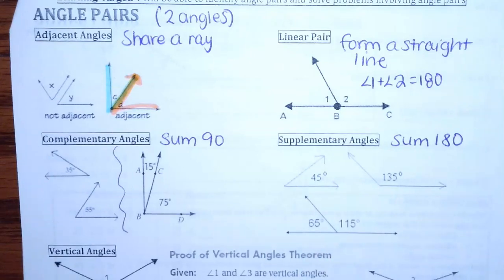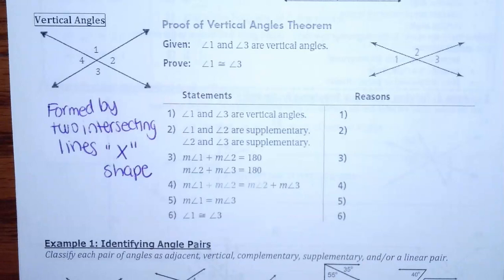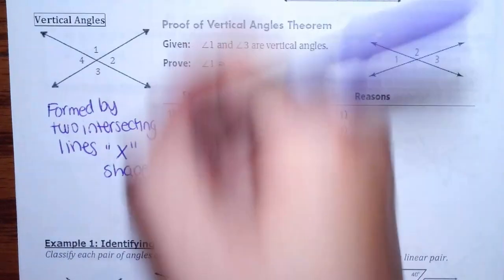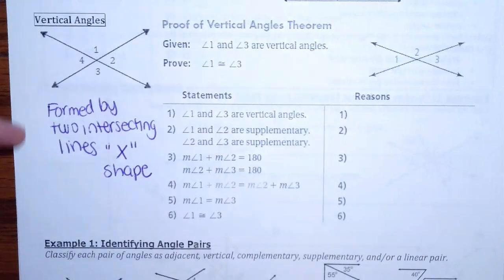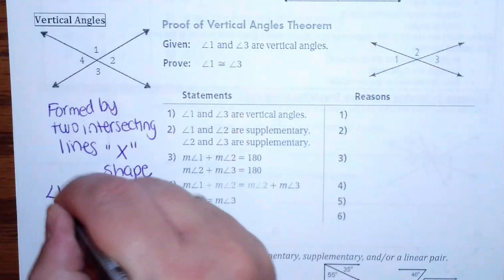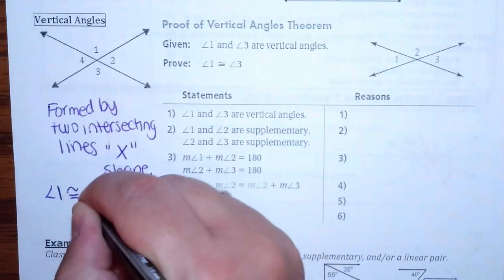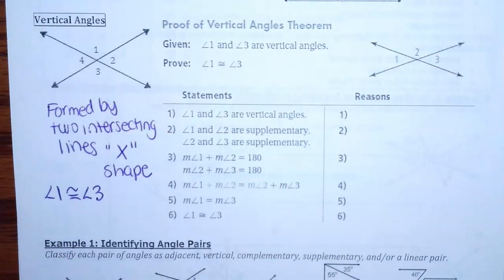All right, and then the last one here is vertical angles, which I'm going to write the definition here to the side just to talk to you guys about it. Vertical angles are formed by two intersecting lines, and they form this X shape. So angle 1 and angle 3 are vertical angles to each other. They're right across from each other.